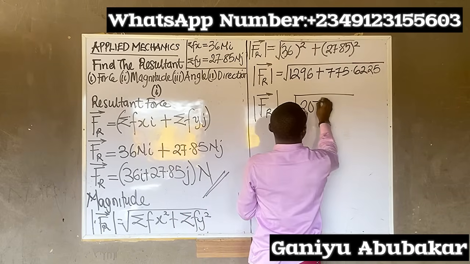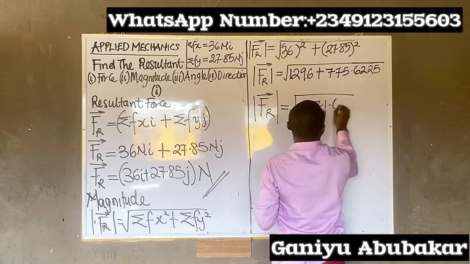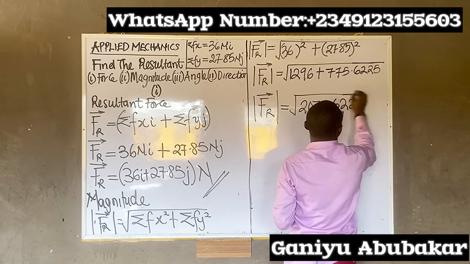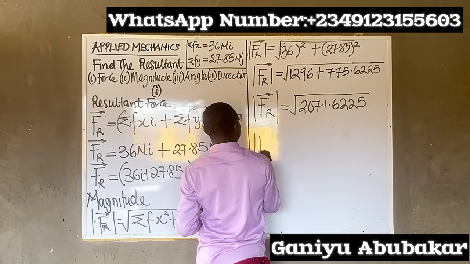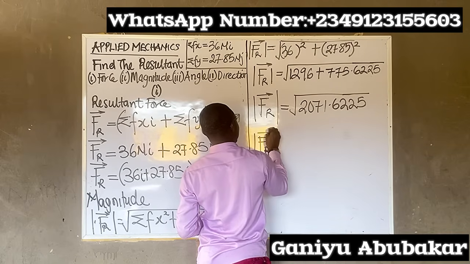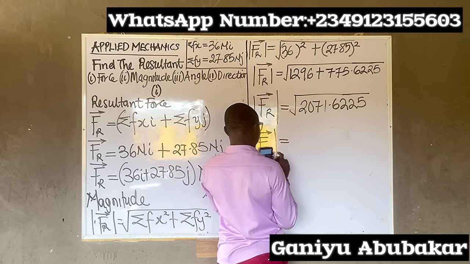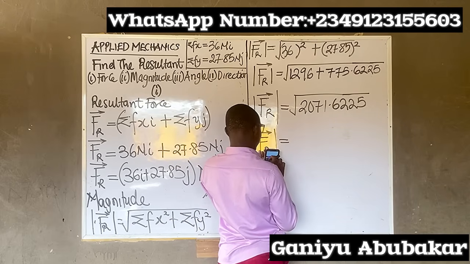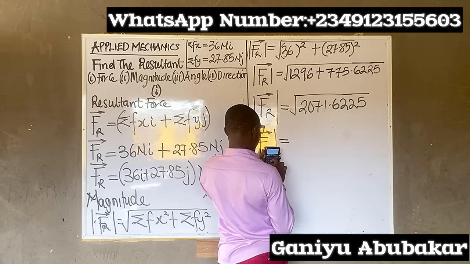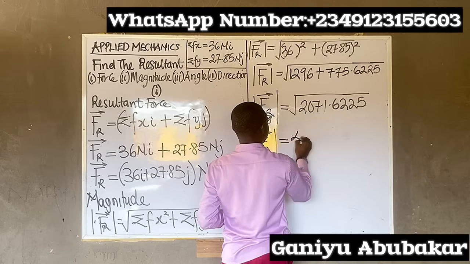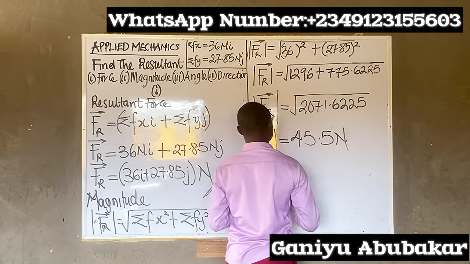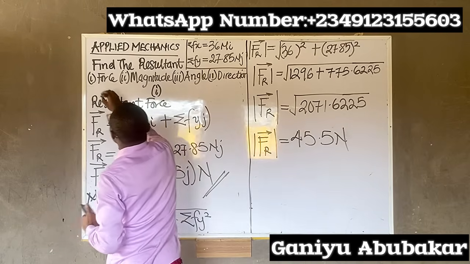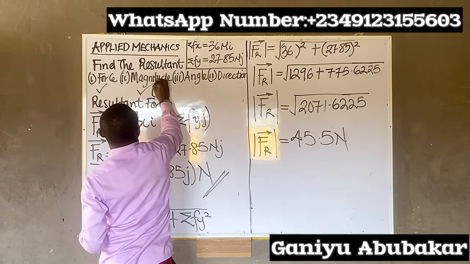That gives you 2071.6225. So finally the magnitude of the resultant force will be equal to the square root of 2071.6225. That's 45.5 Newton. Alright, I've gotten the resultant force and the magnitude of the resultant.